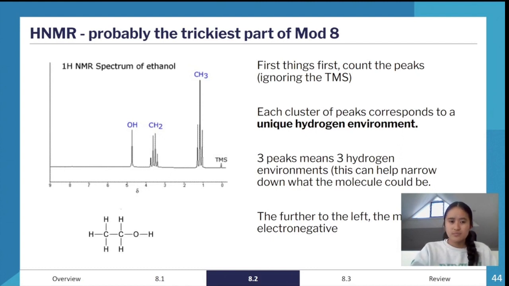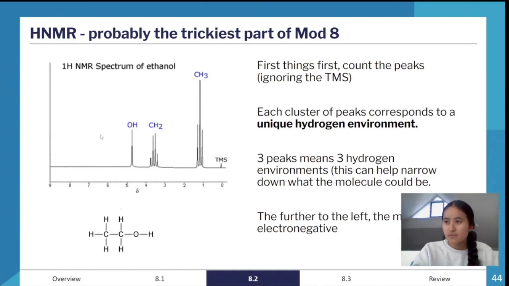The CH3 over here is the least electronegative because it's furthest away from that oxygen. So that's another important thing to look at when you're first looking at an HNMR diagram. The 3 peaks mean 3 hydrogen environments, and that one is the most electronegative.